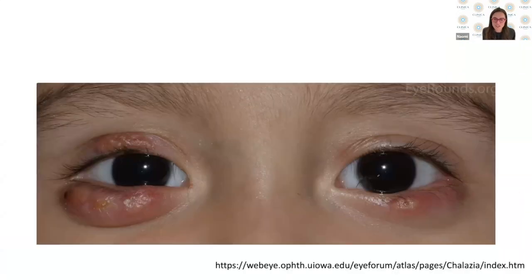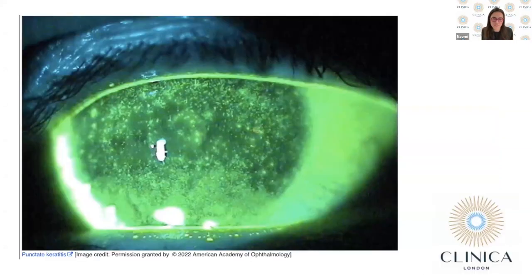You'll all have seen children like this who get recurrent uncomfortable chalazia, which is not nice and can be treated, usually with topical or oral macrolide antibiotics. But here again, no matter what age this child is, I would be wanting to get a nice look at the cornea to make sure underneath that there isn't gradual vascularization occurring from chronic inflammation on the ocular surface.